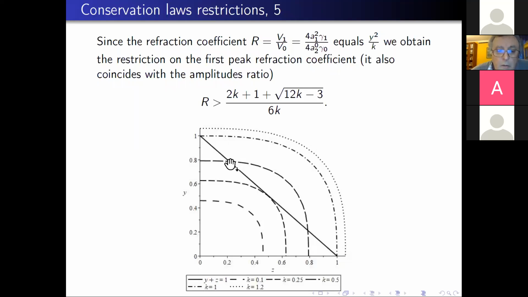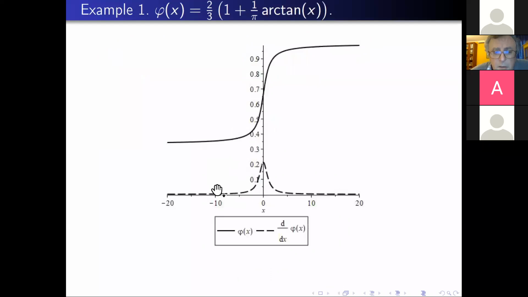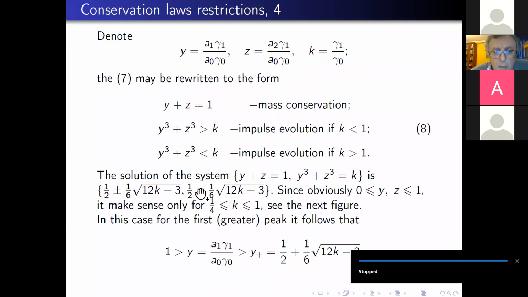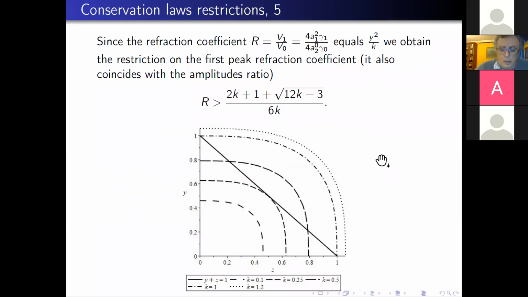When there is no reflected wave, the inequality becomes an equation, and then the result may be here. In fact, if you measure the peaks on the screen, you will get points somewhere near this intersection point, somewhere there.